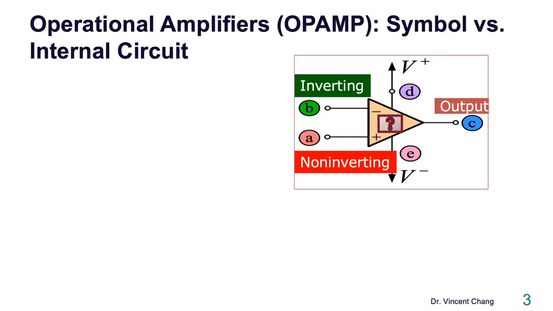Operational amplifiers, symbol versus internal circuit. This is the symbol of an operational amplifier, differential input and single-ended output. For the triangle, what's inside the box? What's inside the black box?